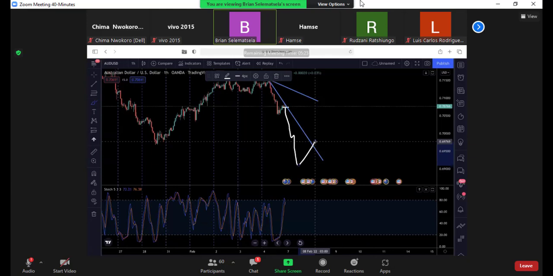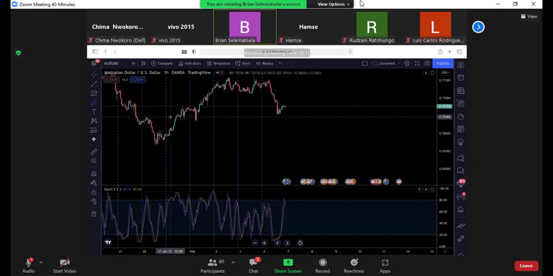So the strategy is quite simple and straightforward, guys. Something that is working, you don't have to convince yourself that it is working. It will be self-explanatory. You don't do much. All you do is a simple thing: draw your footprint, then draw your first layer. After that, look for the breakout of the first layer, spot your divergence and execute.